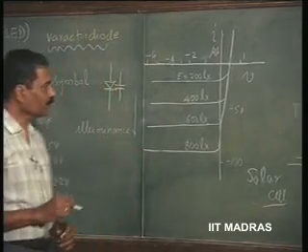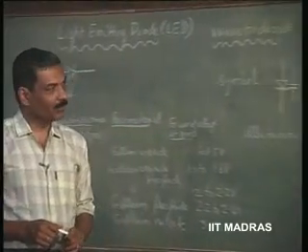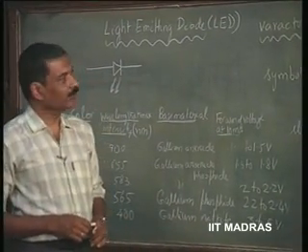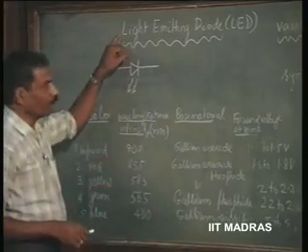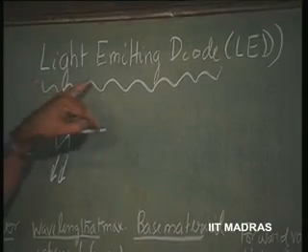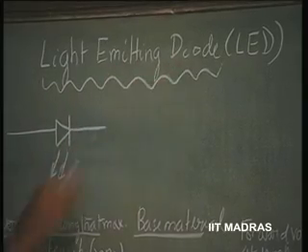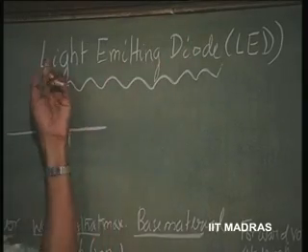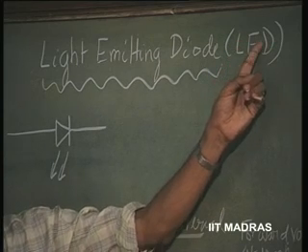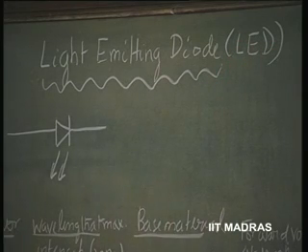Now, let us go to another diode which is almost a counterpart of this photodiode. This is called the light emitting diode, or LED. So, the symbol is this.